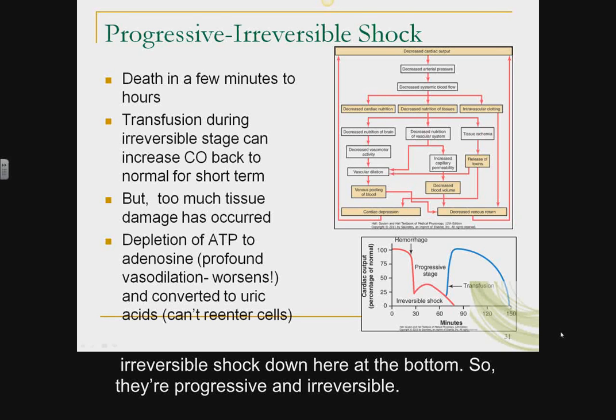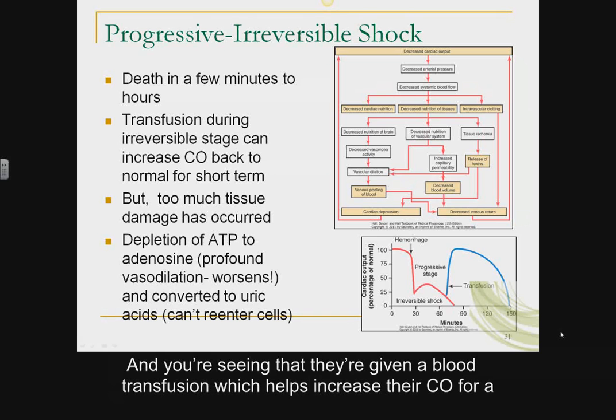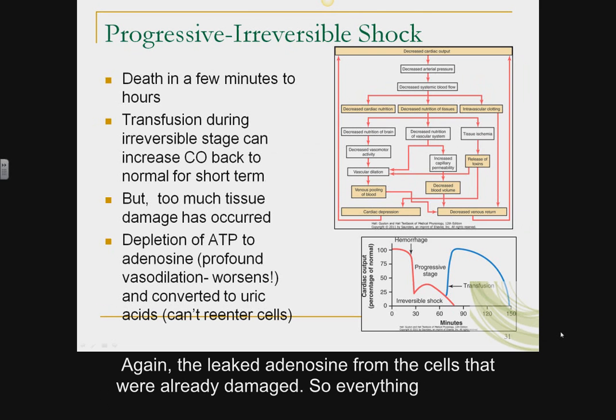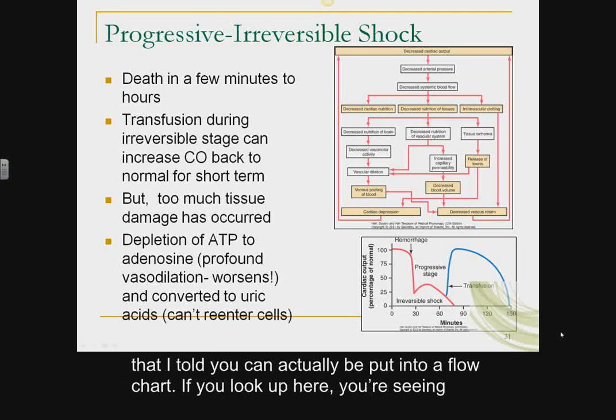So they're progressive and irreversible. And you're seeing that they're given a blood transfusion, which helps increase their cardiac output for a while. But because they're in progressive, irreversible shock, that transfusion doesn't help. Again, the leaked adenosine from the cells that were already damaged has already occurred.